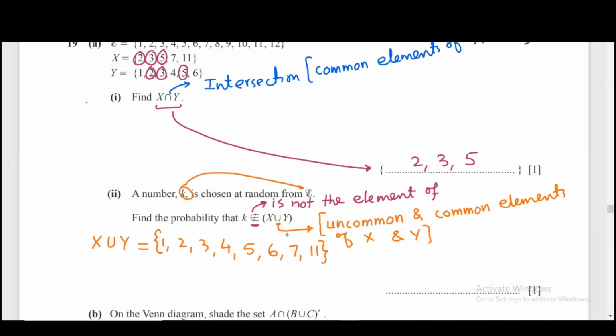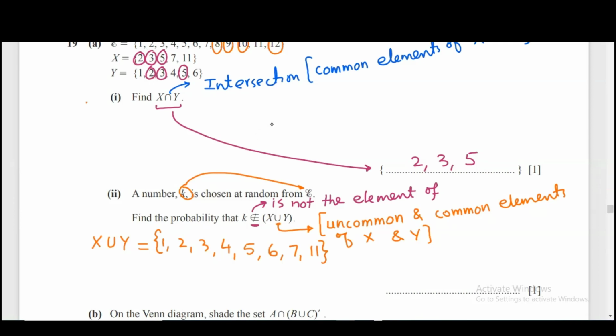It means look at the universal set for the elements which are not in X union Y. If you observe, 1, 2, 3, 4, 5, 6, 7 are elements of the universal set and are also in X union Y, but 8, 9, 10, and 12 are not. There are 4 elements which are not in X union Y here.